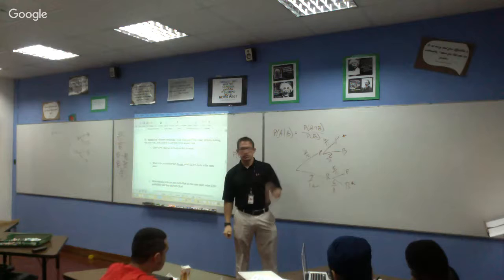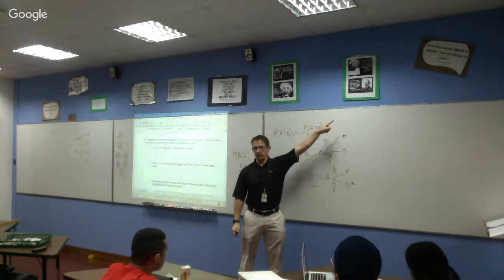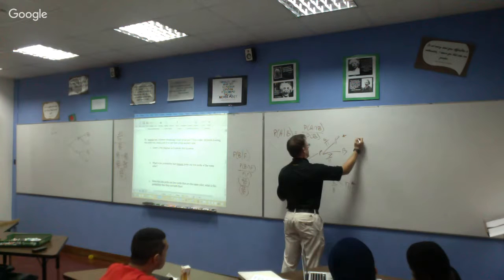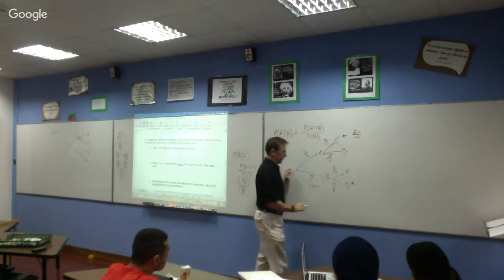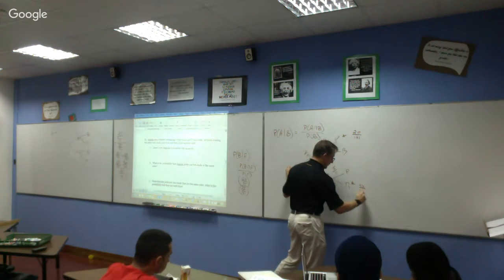Okay, pink, pink, blue, blue. All right. So how do we calculate the probability of pink? Multiply. What do we get? You don't know. What are you supposed to be calculating? 20 out of 121. What about probability of blue? 42 out of 121.